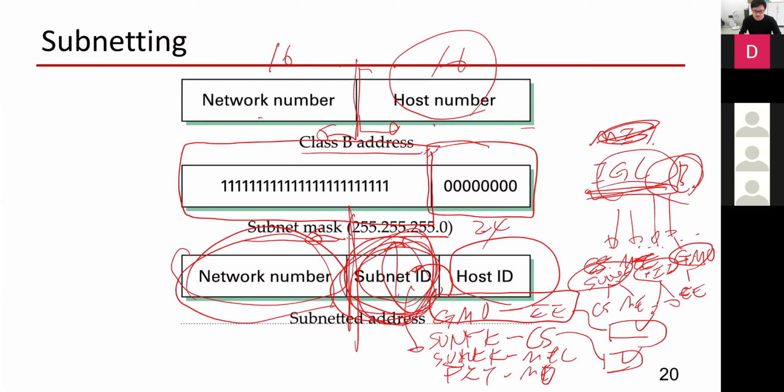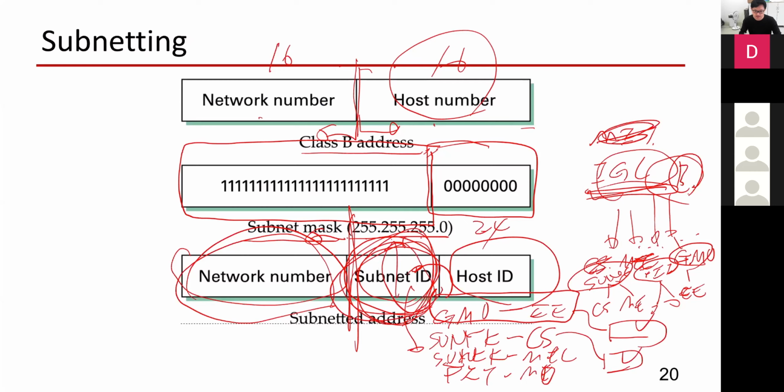So here is an example of subnetting. Let's say this is /25, this is /25, and this is /24.